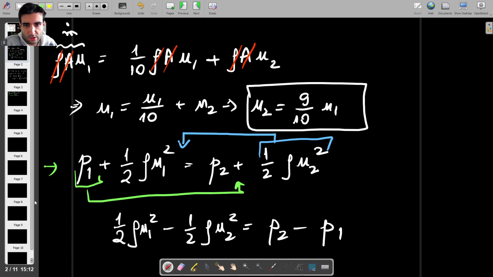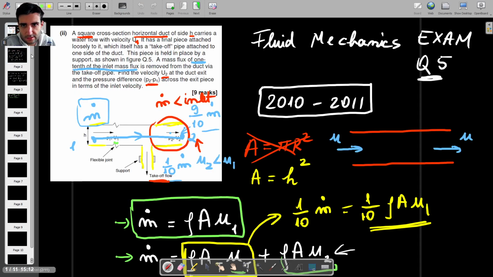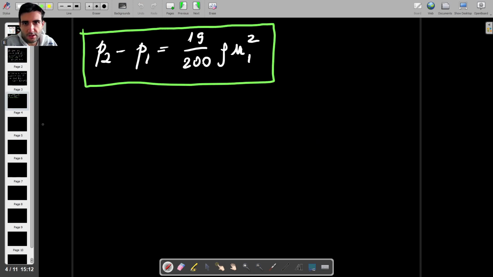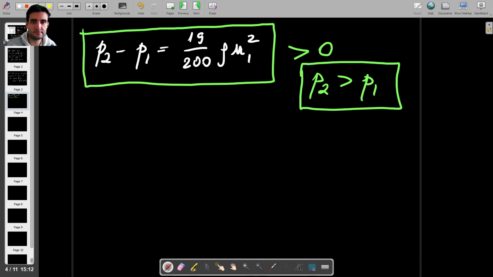And then when we move things around, when we try to find this P2 minus P1, we end up with a higher pressure at point 2 than at 1. And that can be explained, of course, by the fact that the velocity decreases. So the velocity decreases, which means the pressure increases, which means that this pressure difference is positive, which means that, of course, P2 is bigger than P1, which is what we would have expected.